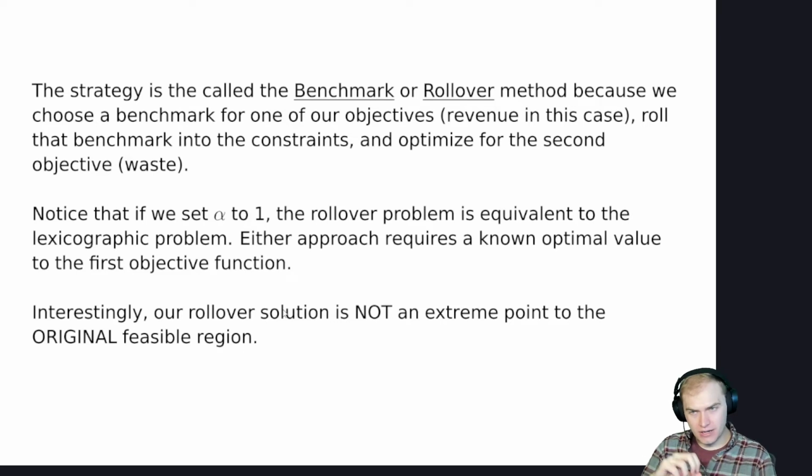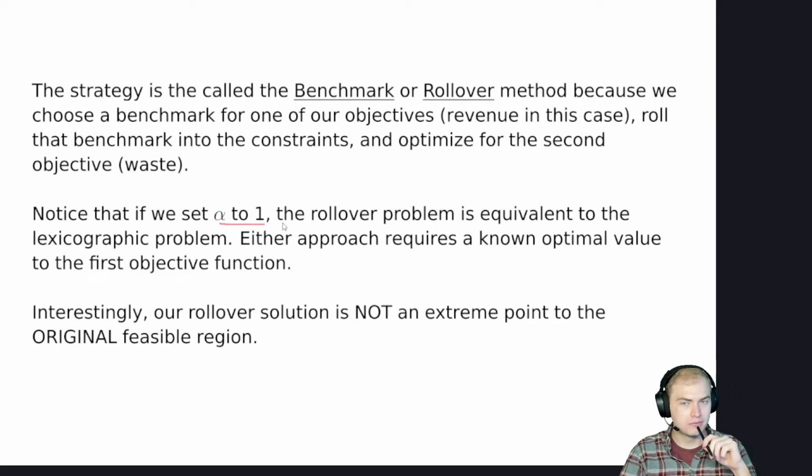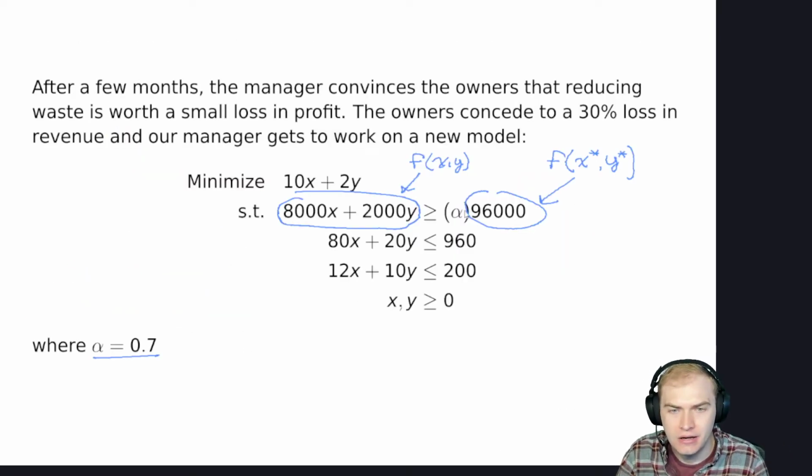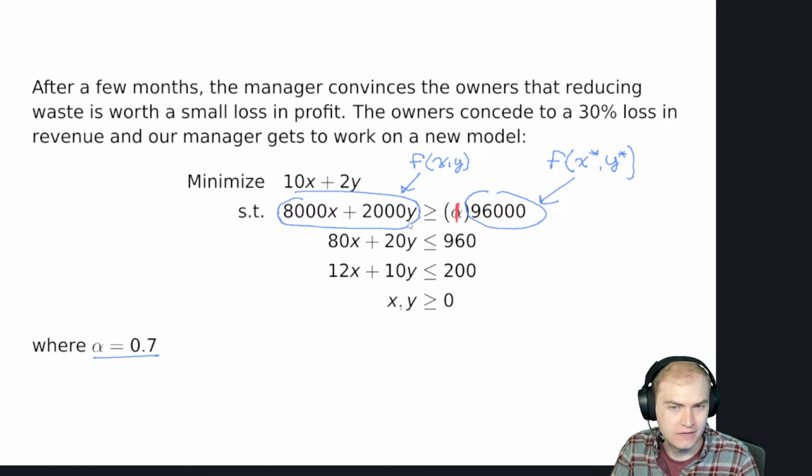Notice that if we set alpha to 1, the rollover method is actually equivalent to the lexicographic method. So let me demonstrate that. If alpha equaled 1, then the profit would have to be at least as big as the optimal profit.